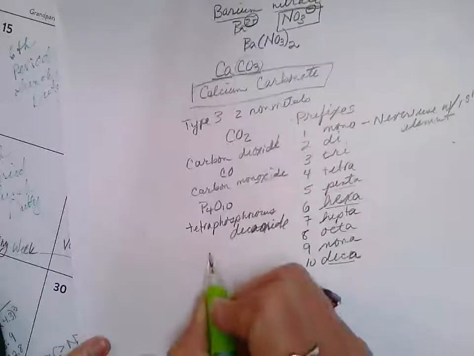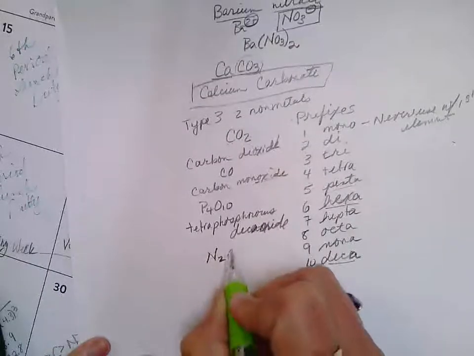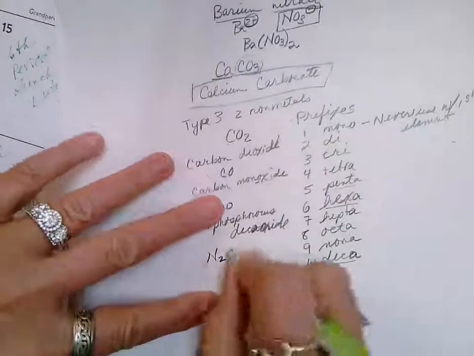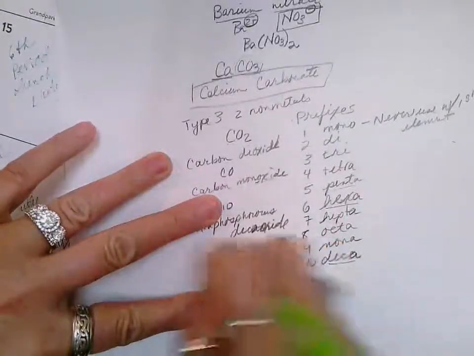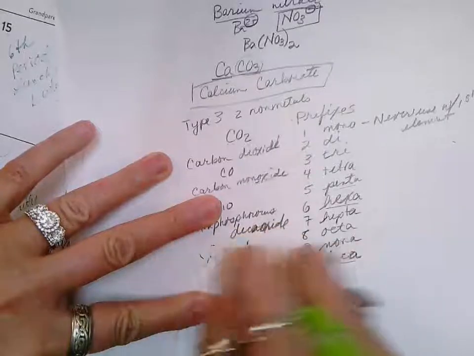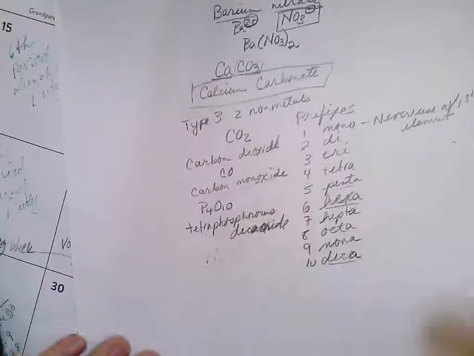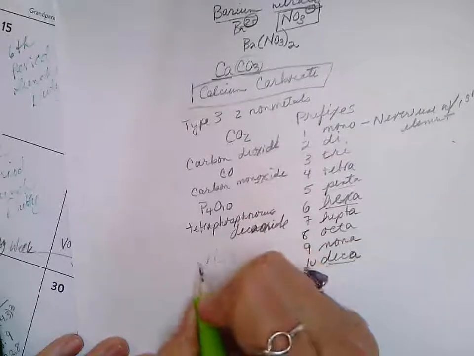What if I gave you something like N2O3? Or let's see, I've done enough where I've written the formula and written out the name. What if I give you the name, which I think is fairly simple, and you have to write the formula?